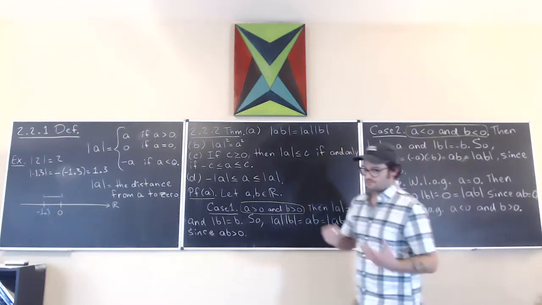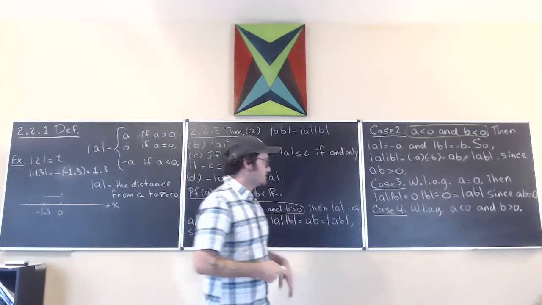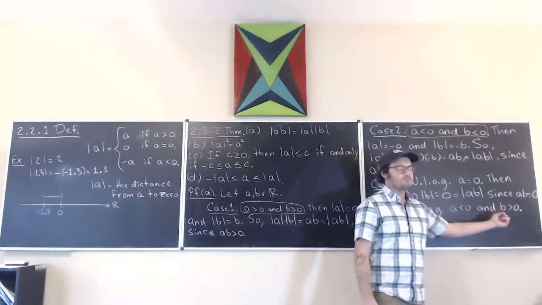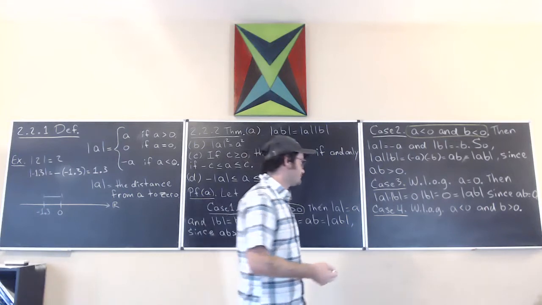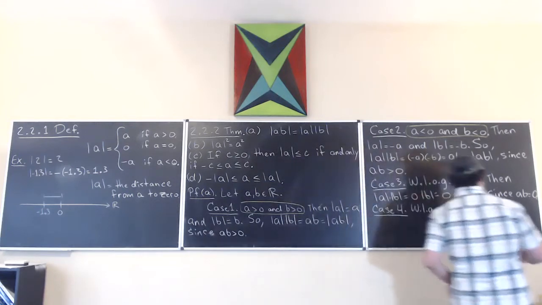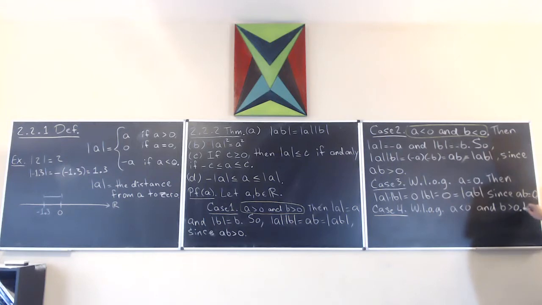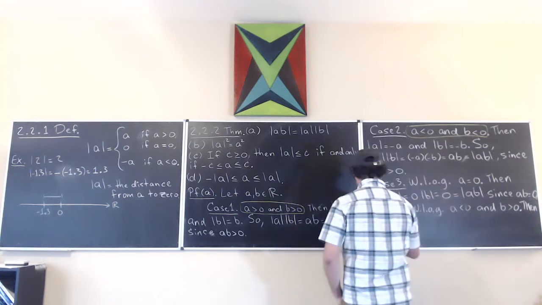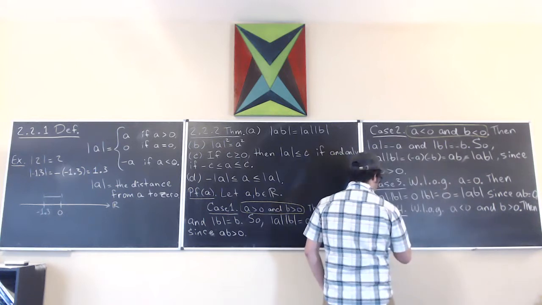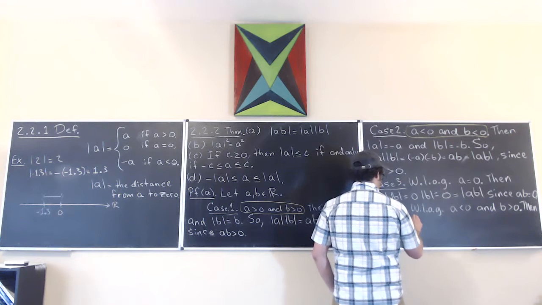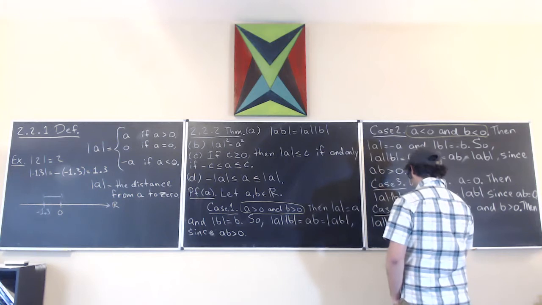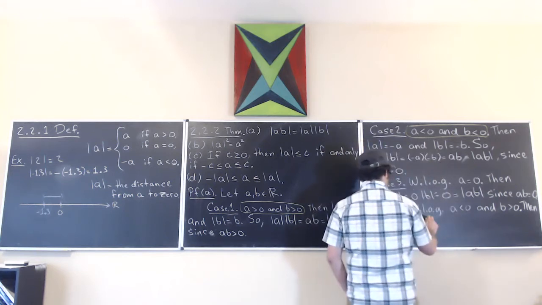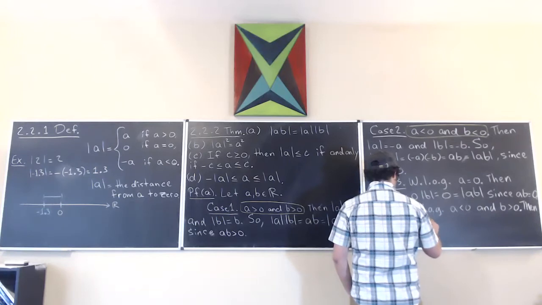And again, when I say without loss of generality, I mean that if we prove it for A less than 0 and B greater than 0, that's the same thing as proving it if B less than 0, A greater than 0. So then the absolute value of A times the absolute value of B is equal to, say, negative A times B.